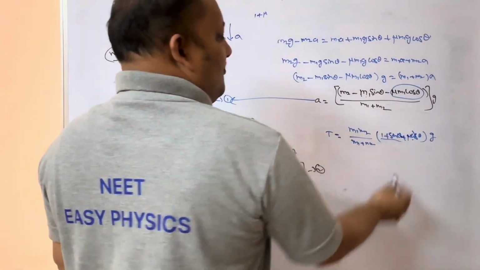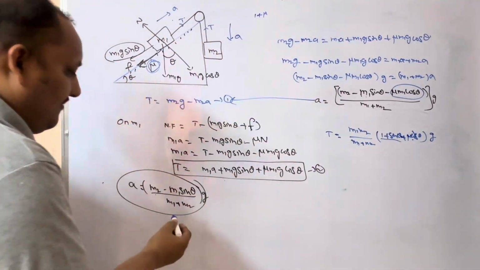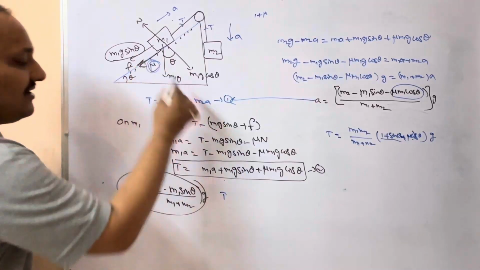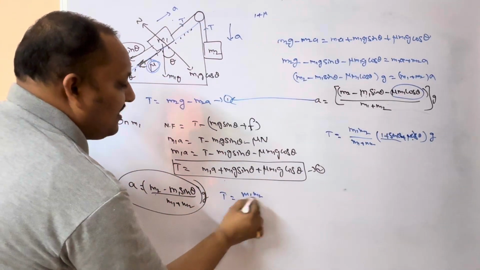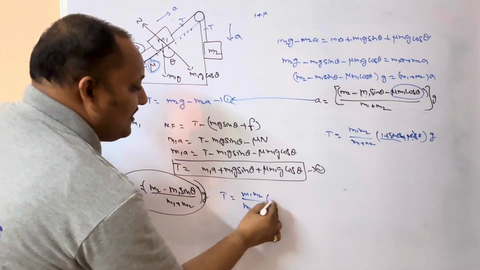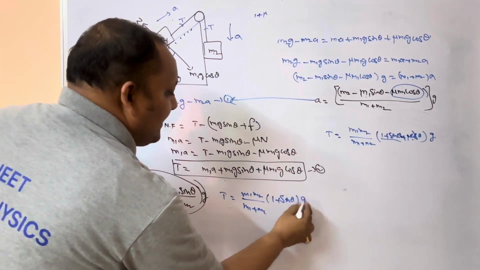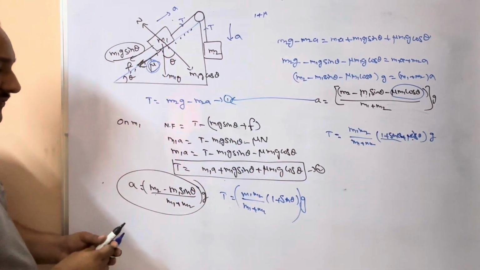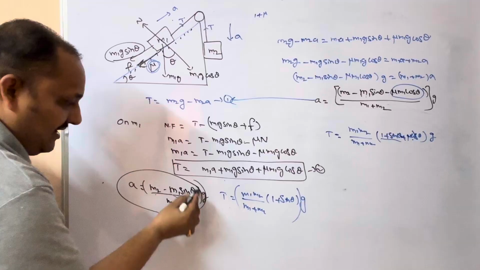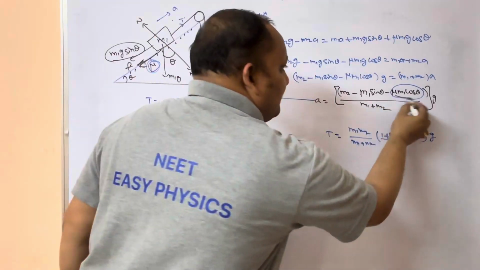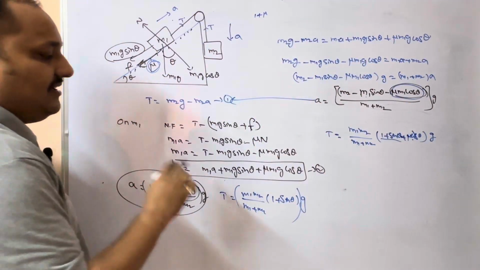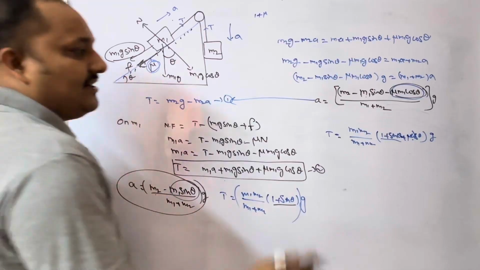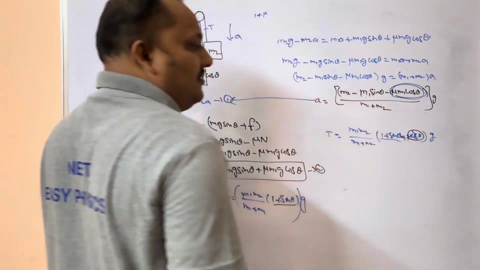If mu is 0, 1 plus sin theta. So whenever it is on a smooth surface, what is the formula? M1 M2 by (M1 plus M2) into (1 plus sin theta) into g. So for this M1 sin theta, you got the extra term mu M1 cos theta. For this 1 plus sin theta, you are getting the extra term mu cos theta.